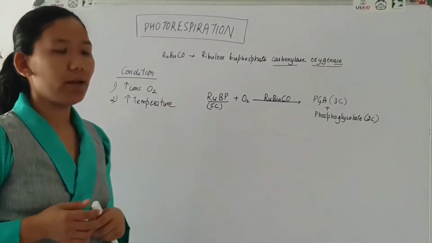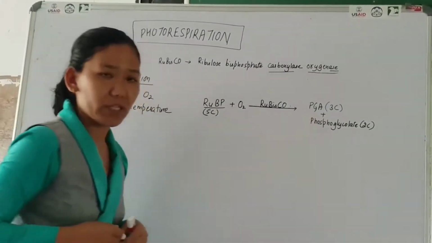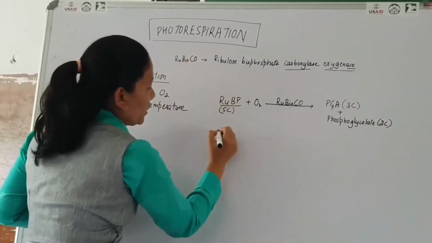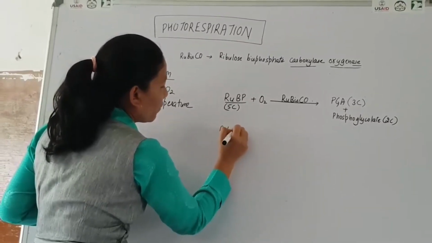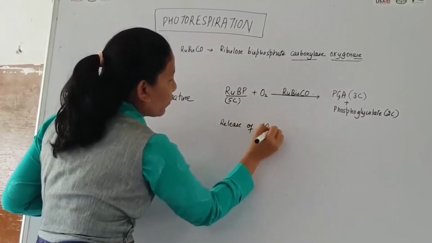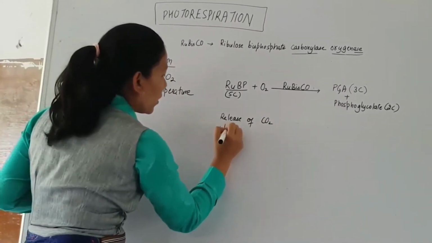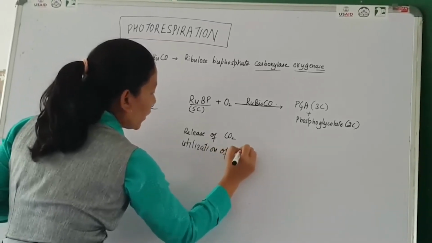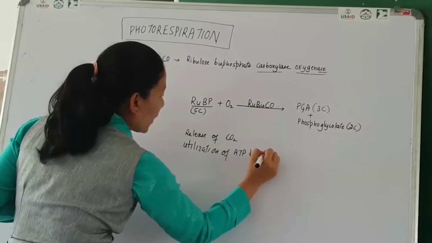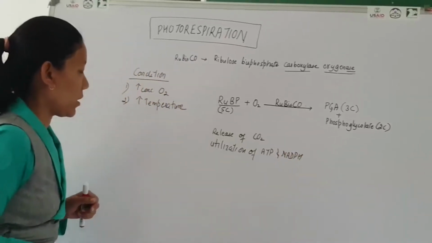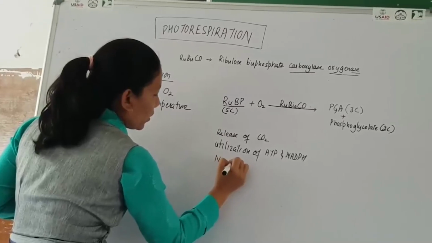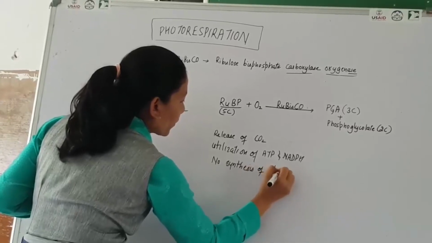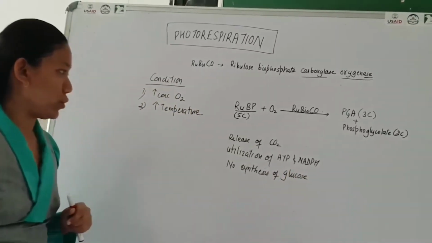And here again, another important thing you see is that this process of photorespiration leads to the release of carbon dioxide, utilization of ATP and NADPH, but no synthesis of glucose.